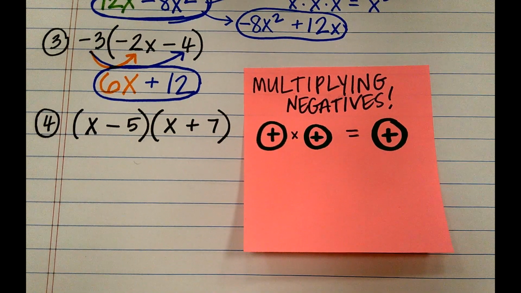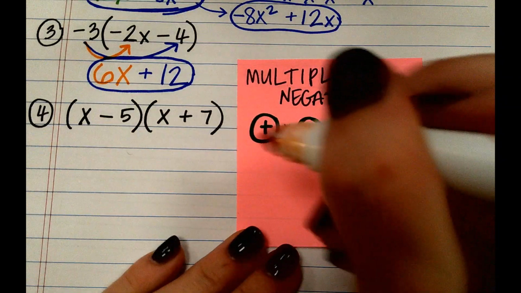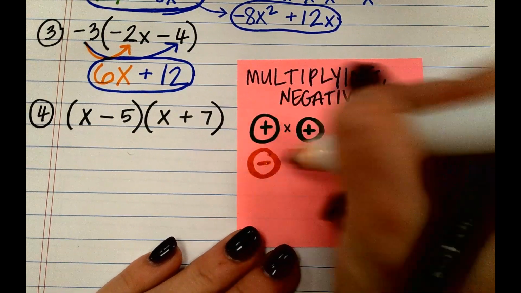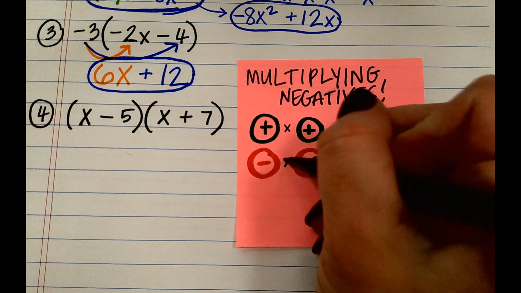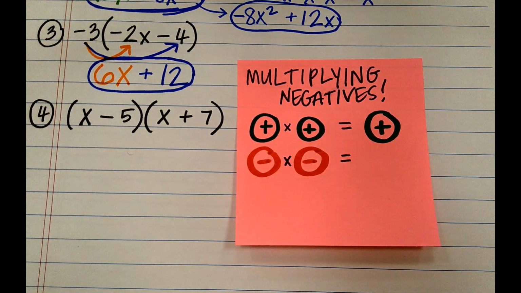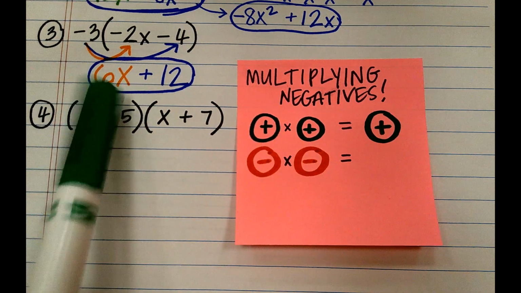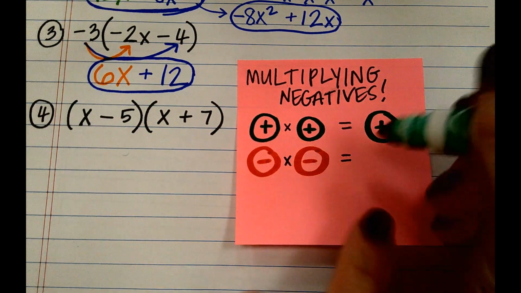Now, what if I do a negative number times a negative number? Weirdly enough, you're going to get a positive. Those negatives cancel out, and that's what happened on number 3. Our negatives canceled out.